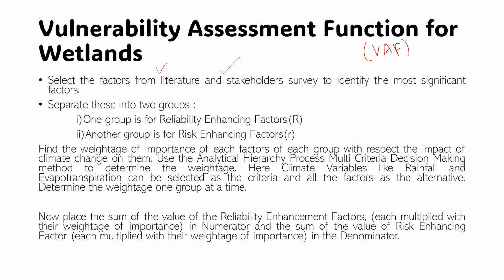Capital R represents the value of the reliability enhancing factors and small r represents the values of the risk enhancing factors. For example, capital R can be depth, whereas small r can be the concentration of BOD.